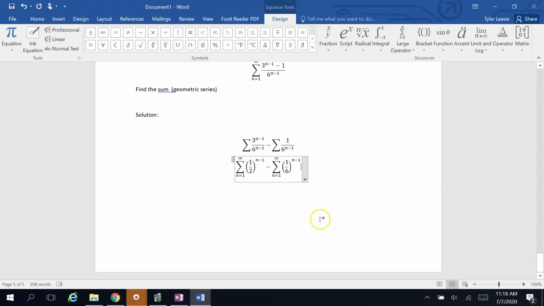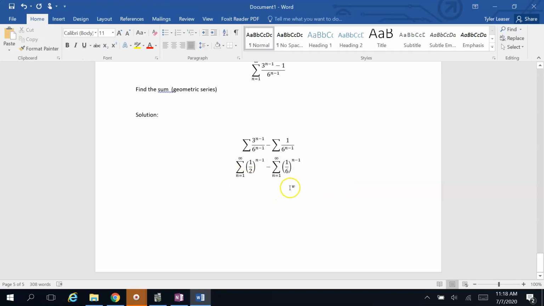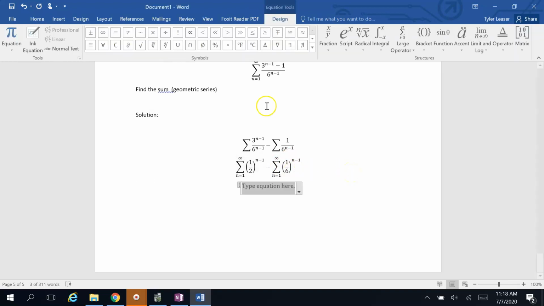The reason I'm writing it like that is that now these are in that perfect format. Here we have two separate geometric series. This geometric series has the a value of 1, the r value of 1/2, and because 1/2 is less than 1, it converges. This also has an a value of 1, but an r value of 1/6. That converges. So that means that the sum of this series up top here is going to converge.